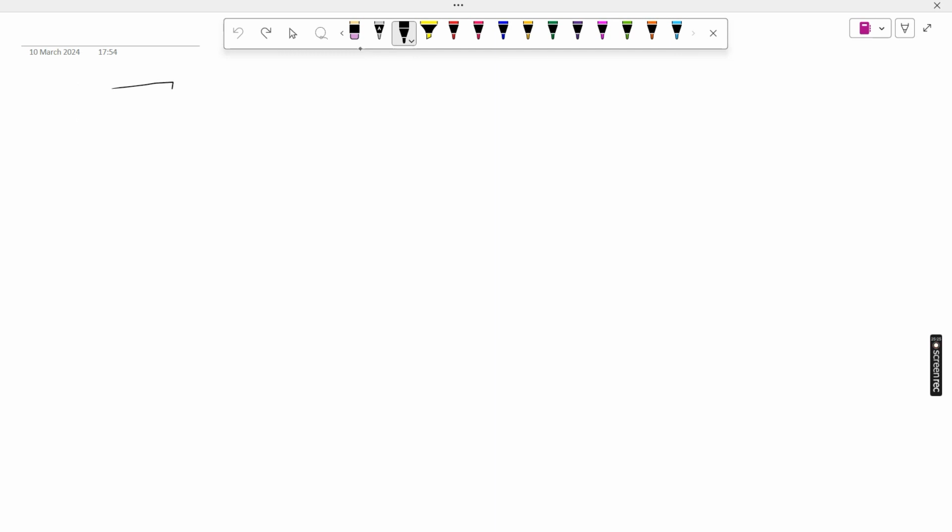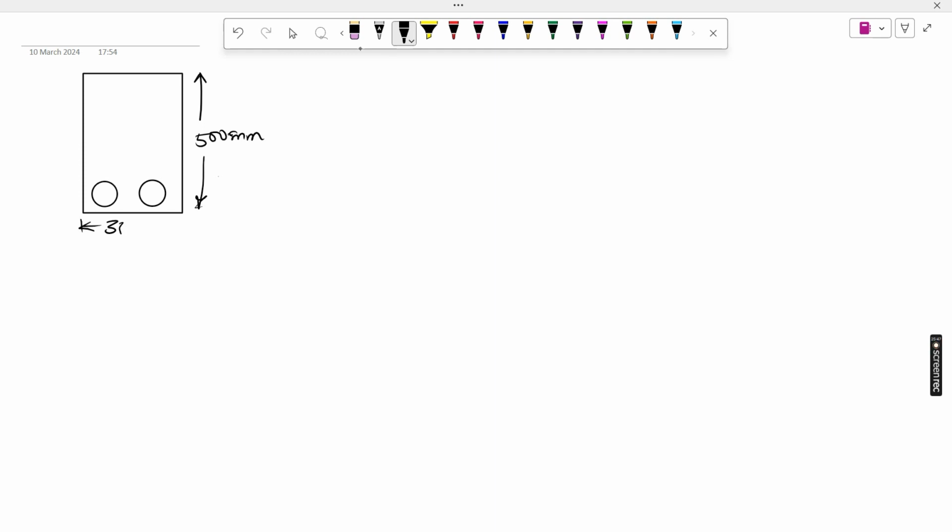This is your beam and these are the reinforcement, and the total depth I have given is 500 mm and width 350 mm.